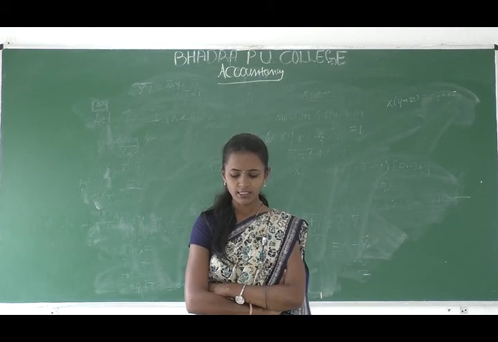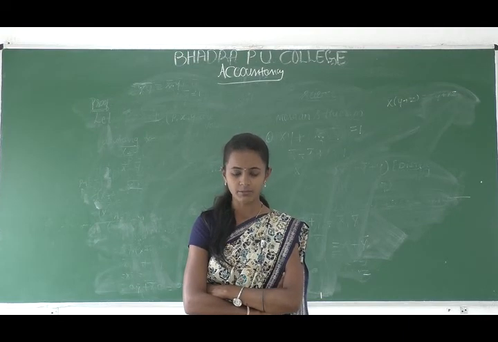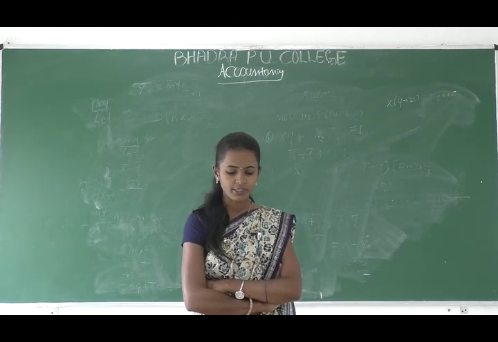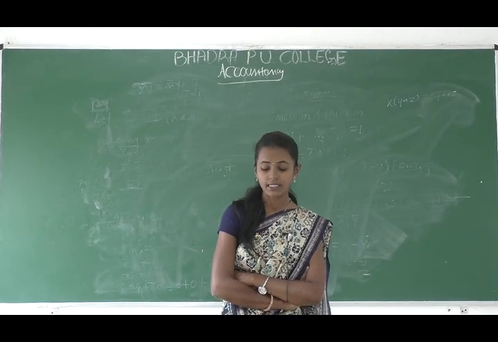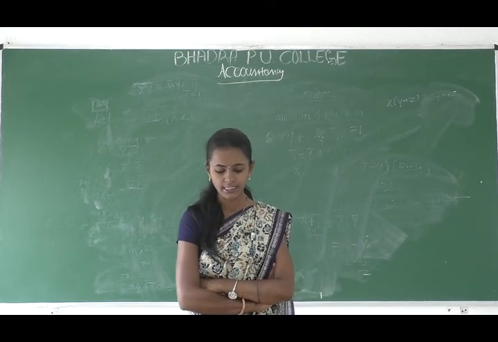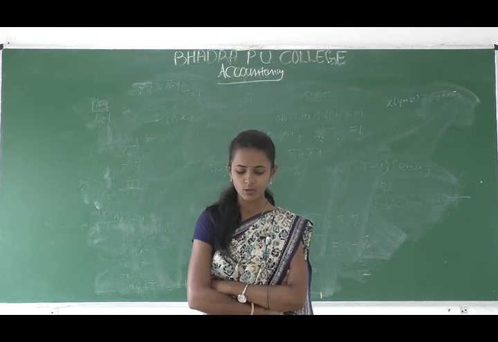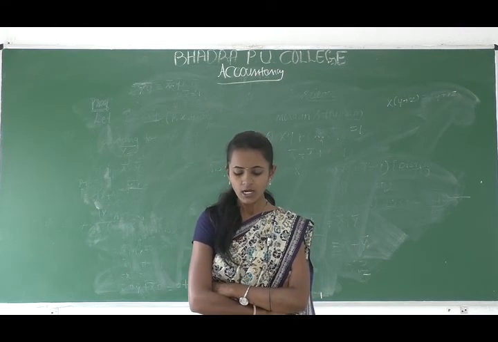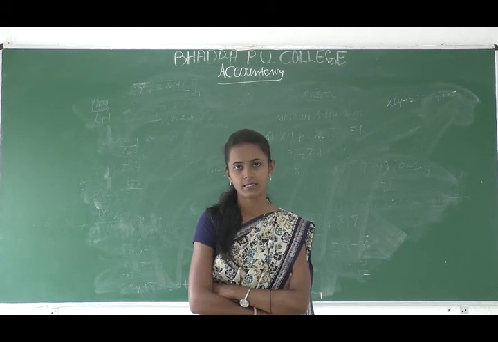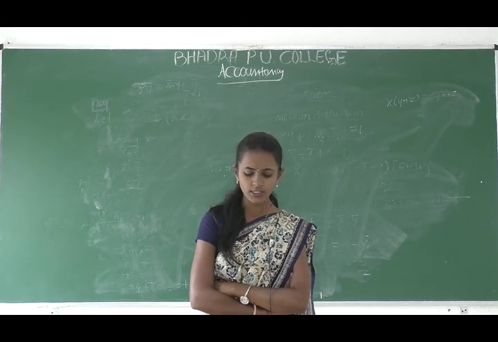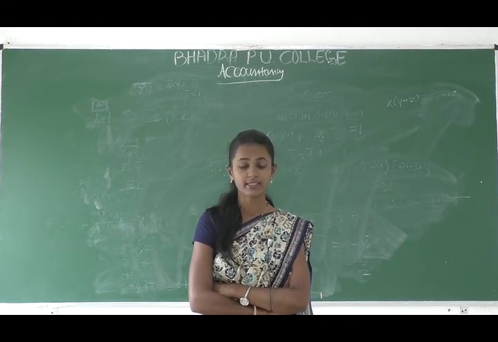From the following balance sheet of Bharat Industries Limited, compute the trend percentage using 31st March 2010 as the base year. So they have given us the balance sheet of Bharat Industries Limited and asked us to compute the trend analysis, taking 2010 as the base year.